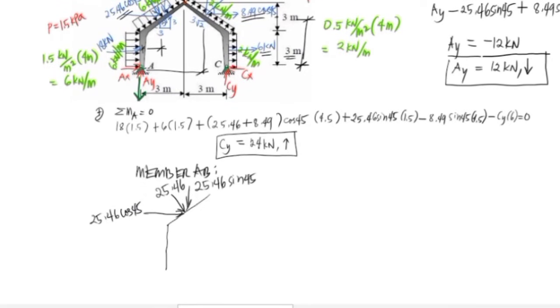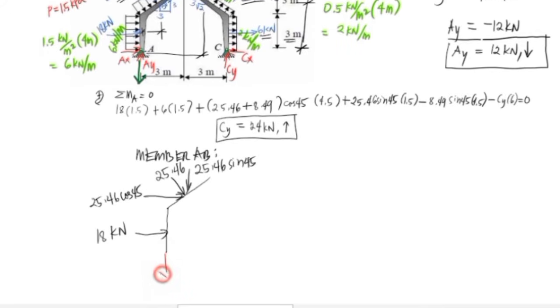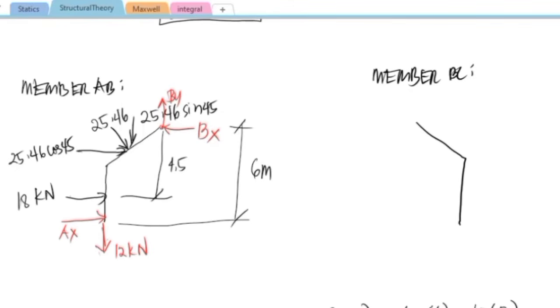And for the resultant here, we have 18 kilonewton. And since na-compute na natin yung reaction for AY, which is 12 kilonewton downward, so this is equal to 12 kilonewton. And AX assumed directed to the right.